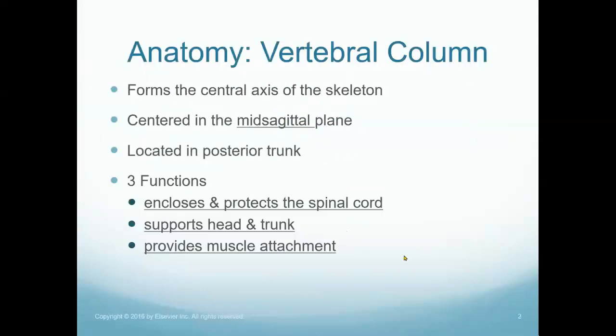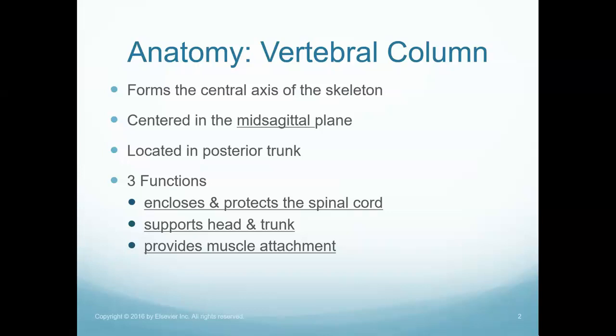So to start off, when we're talking about the vertebral column, we're talking about the spine, which includes the cervical, thoracic, and lumbar. It lies midline on our dorsal, or posterior, surface. There are basically three different functions that it serves.